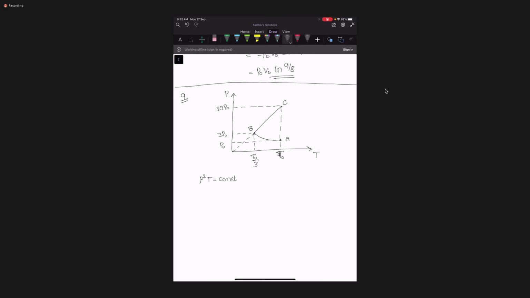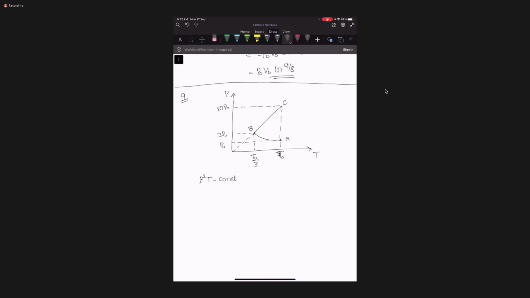So B to C volume is constant, correct? Work done is 0. It is coming back to state A, keeping temperature constant. So C to A is your isothermal process. A to B is going according to the equation P square T is constant. Heat supplied by the gas during the complete cycle is what we require, right?